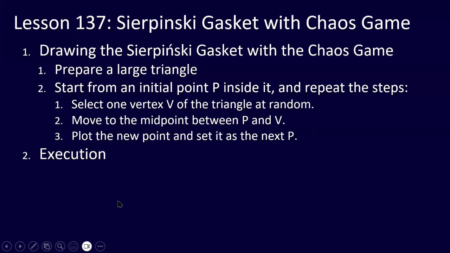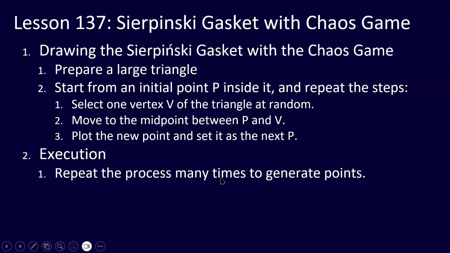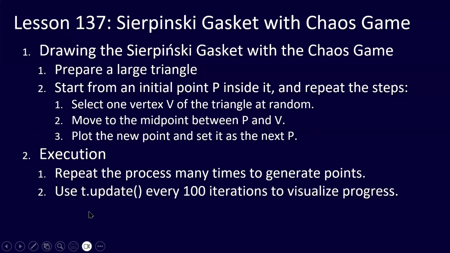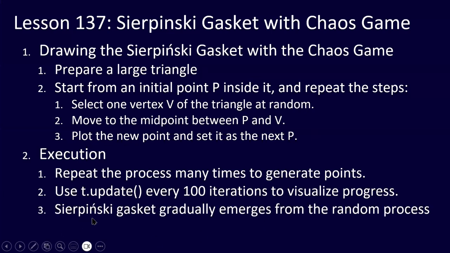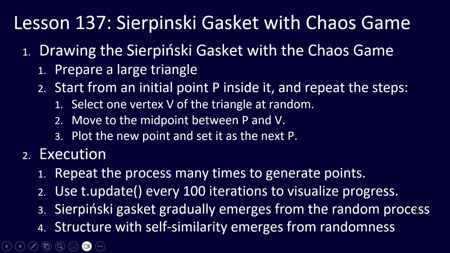So now you see the point. Execution: repeat the process many times to generate points, updating every 100 or 200 iterations to visualize the process. And then we can see the Sierpiński gasket gradually emerge from the random process. It's interesting to see that a self-similar structure emerges from randomness.